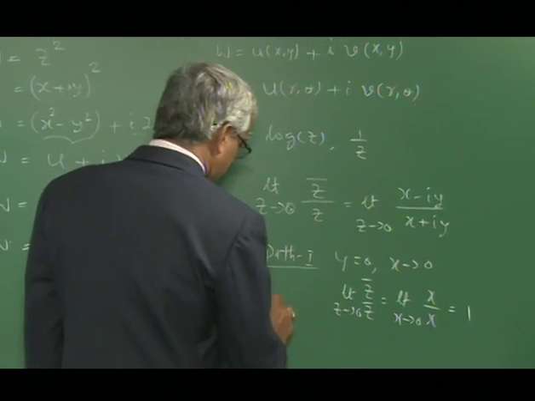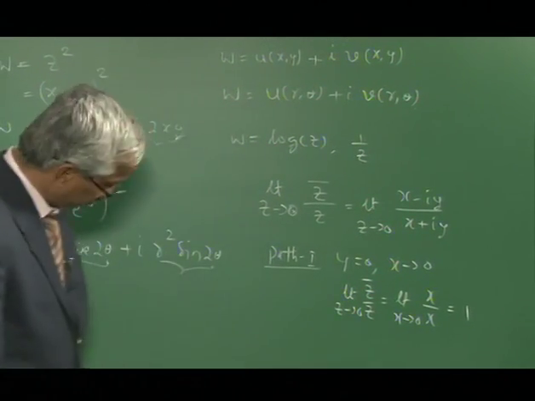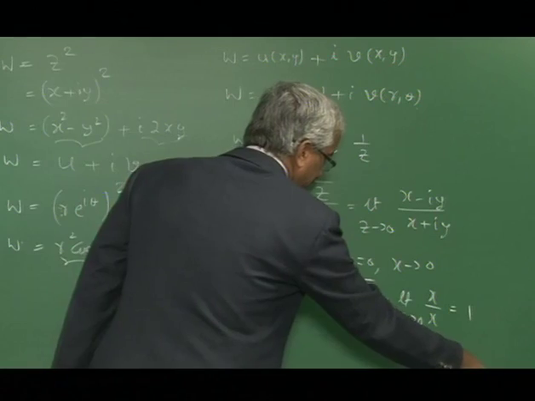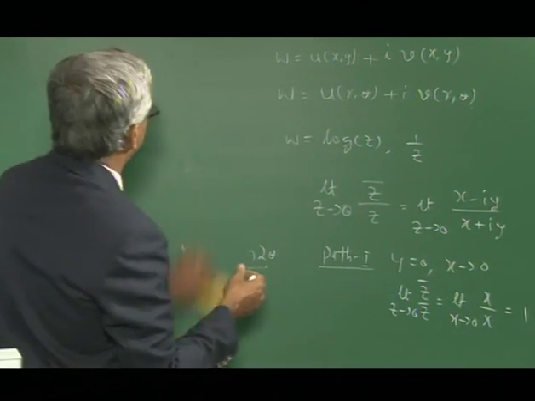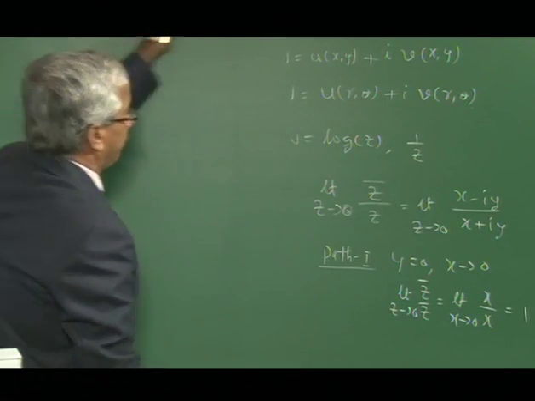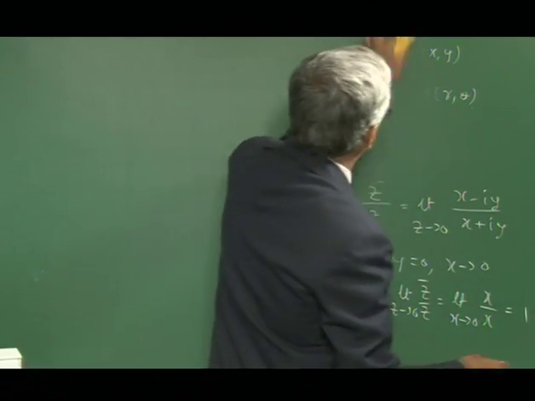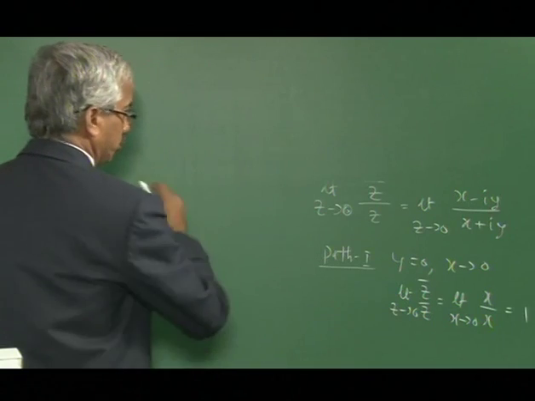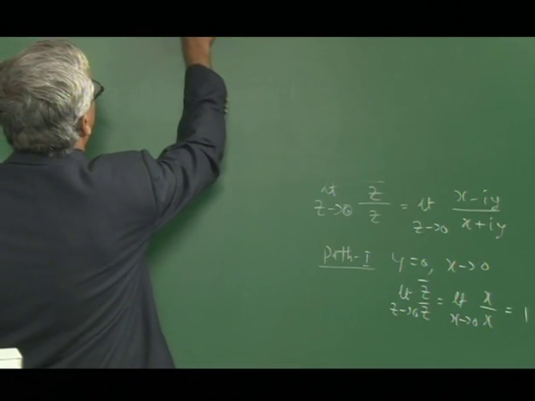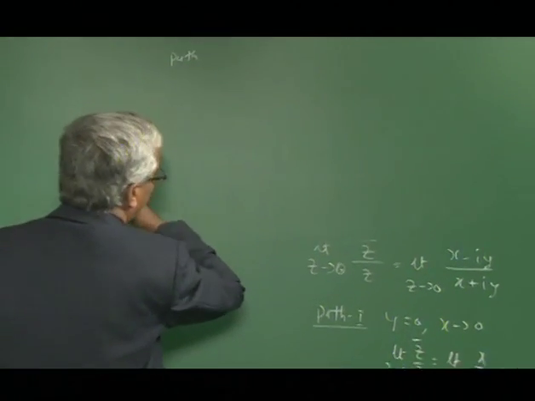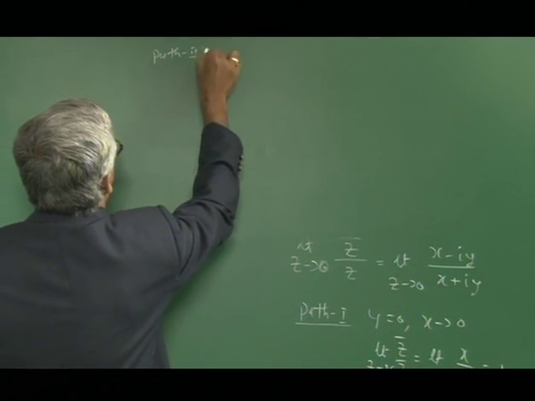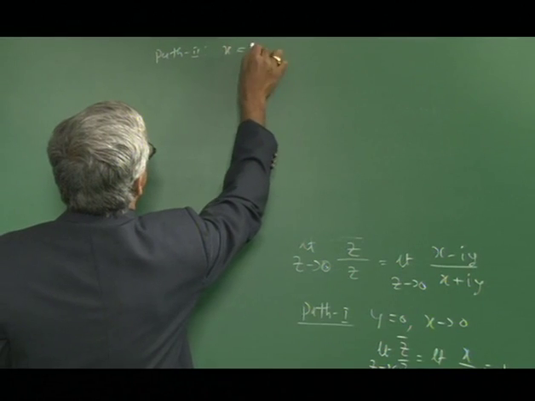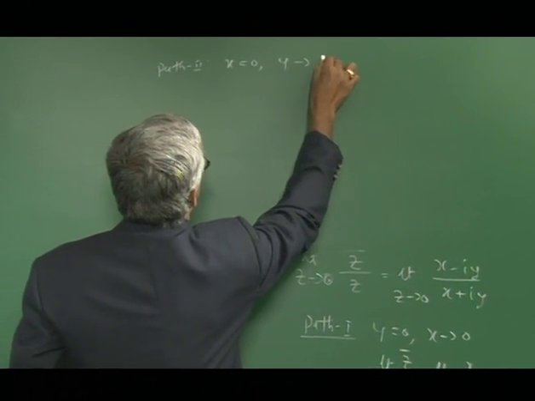And in the other case, path 2, which means the path parallel to the y axis, we take x is equal to 0 and y approaches 0.